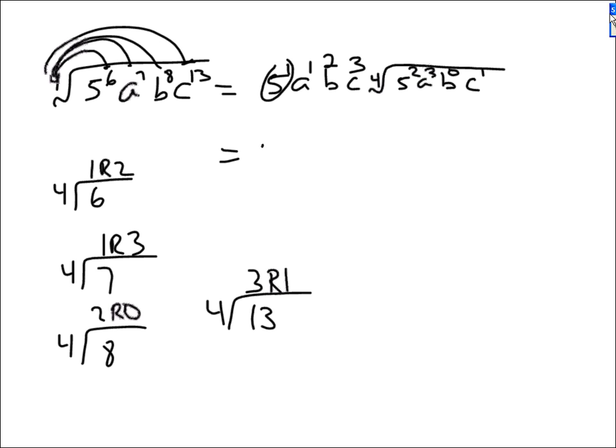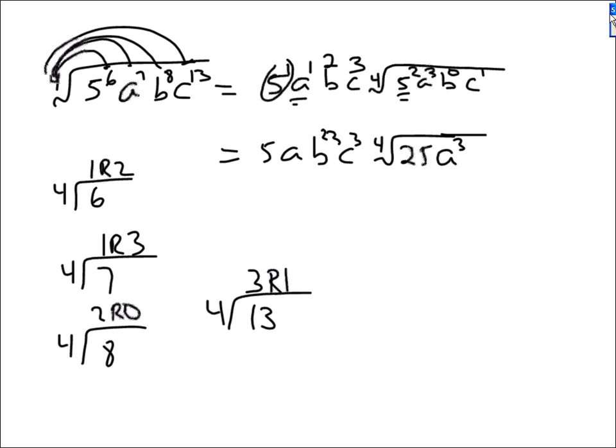And now we just clean it up. 5 to the 1 is 5. A to the 1 is just A. B squared, C cubed. Times the fourth root of 5 squared, which is 25. Times A cubed. B to the 0 is 1.